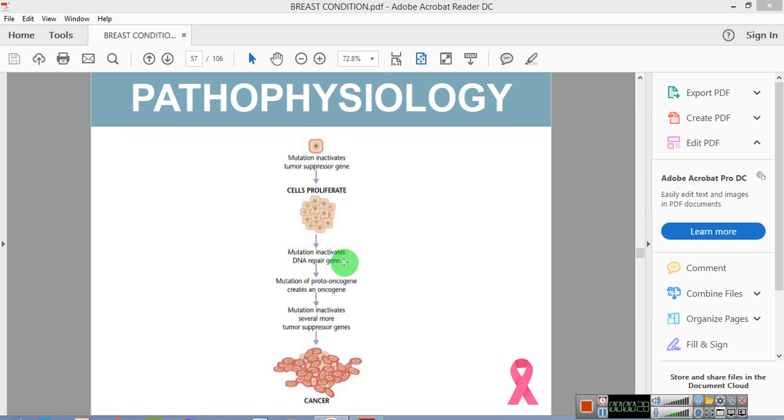Mutation inactivates DNA repair gene, then mutation of a proto-oncogene creates an oncogene. Mutation inactivates several more tumor suppressor genes, and then it may cause cancer.